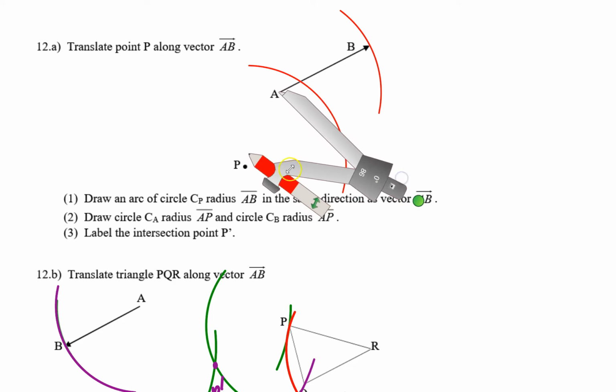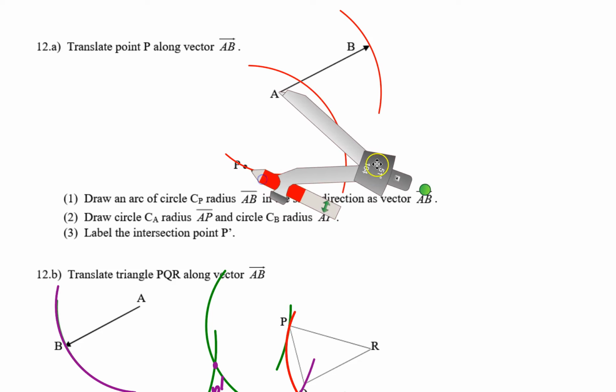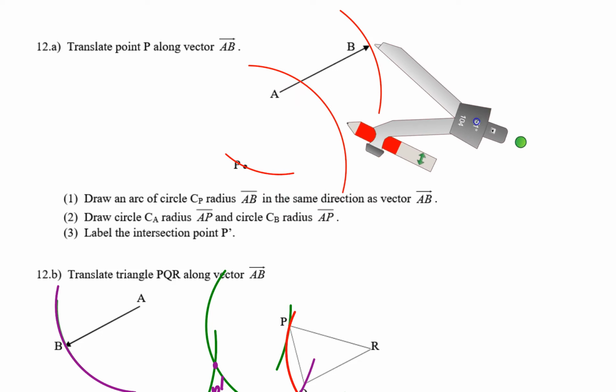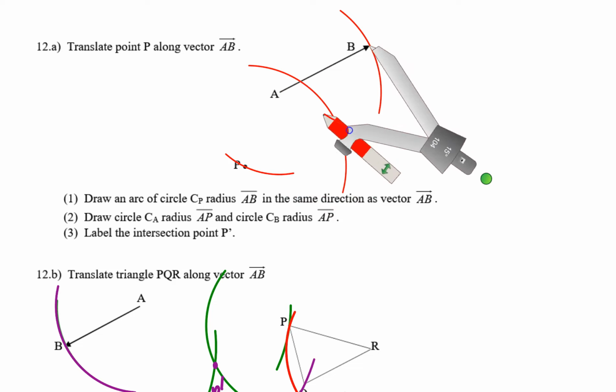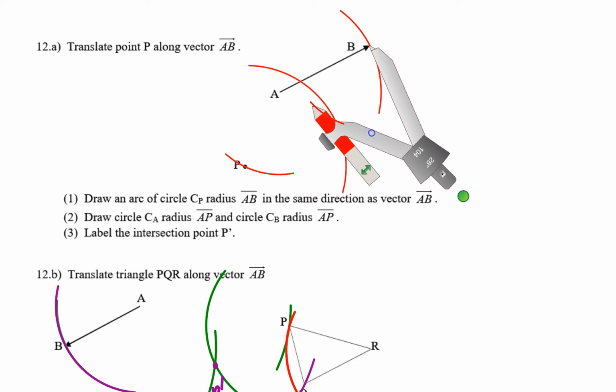There's my little copy mark. And I'm going to pick up my compass, go back to B, and make an arc again. So where I have ended up, where this intersection happened, that is P prime.